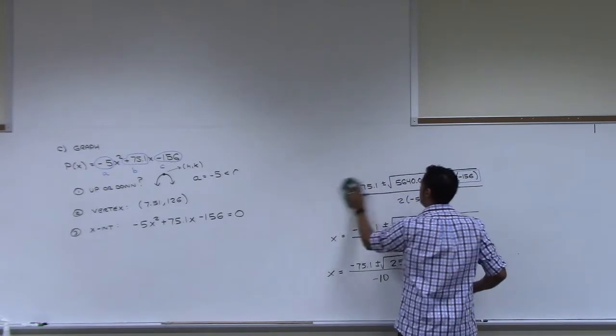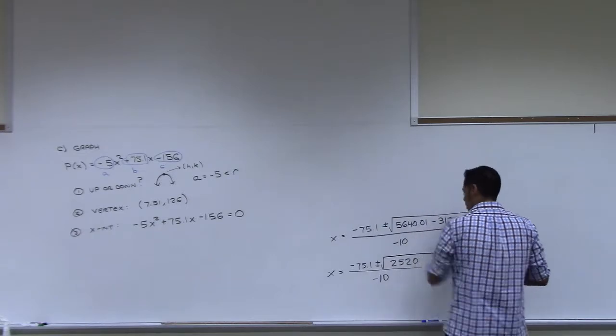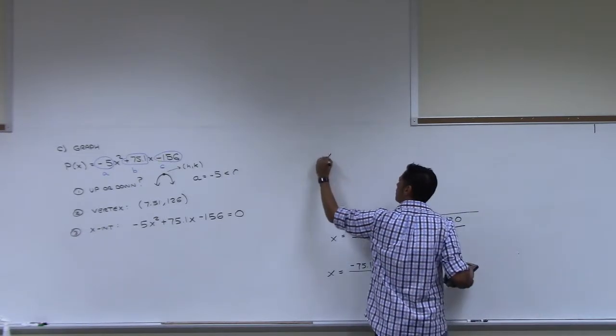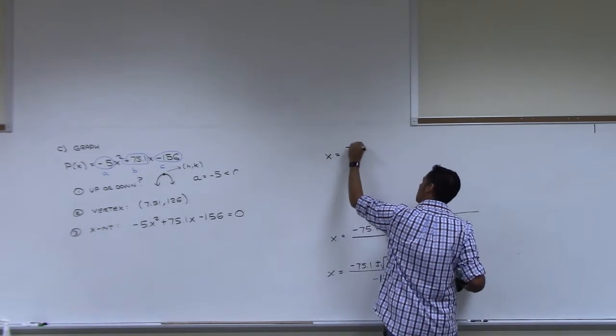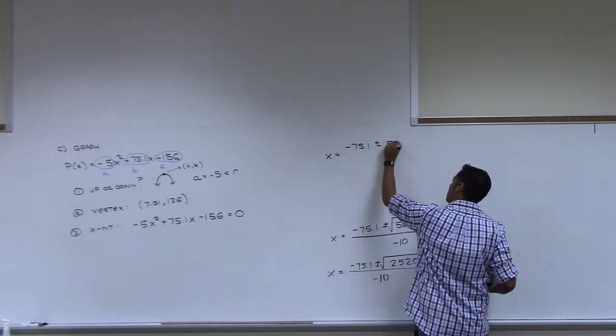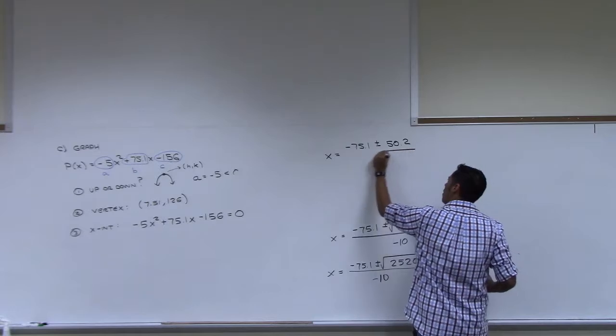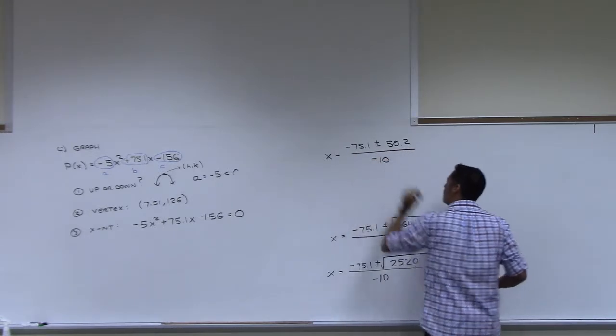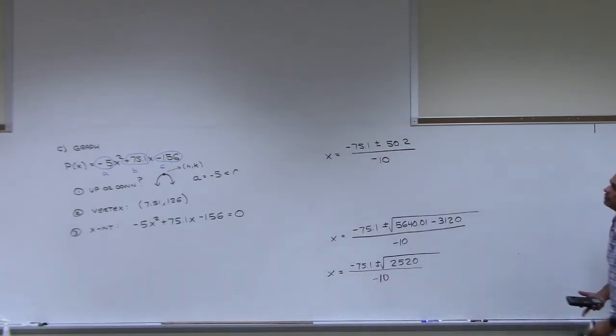Because we took the square root. So we have x equals -75.1 plus or minus 50.2 all over -10. Y'all still good? Now we can go and get the two answers.